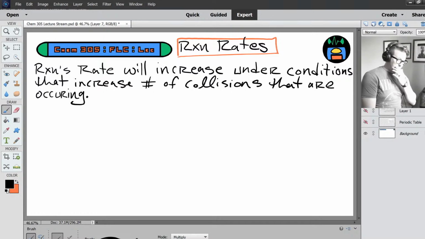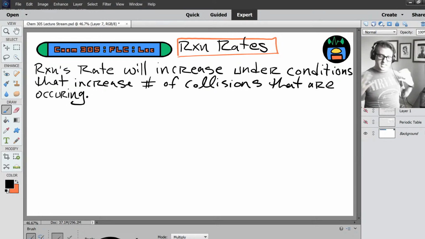All right. They'll increase with the number of collisions that are occurring. Now, let's think about what could increase the number of collisions that occur.